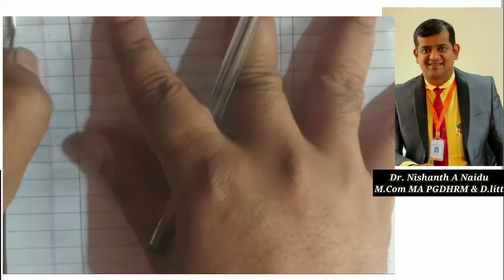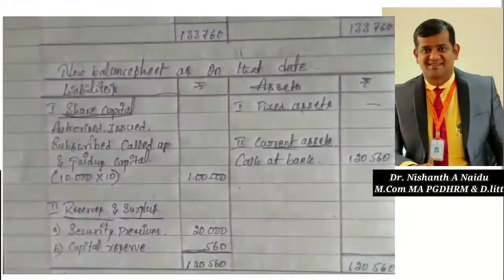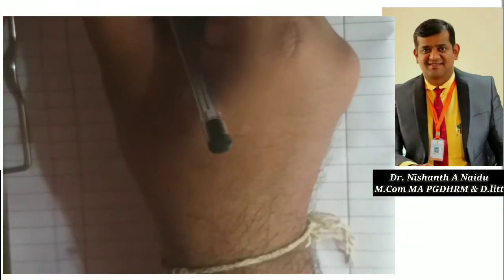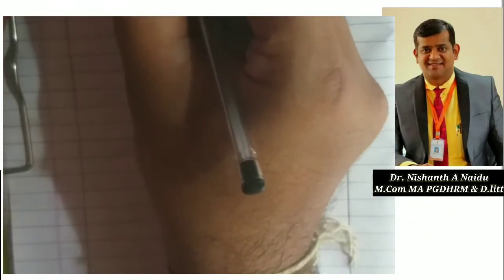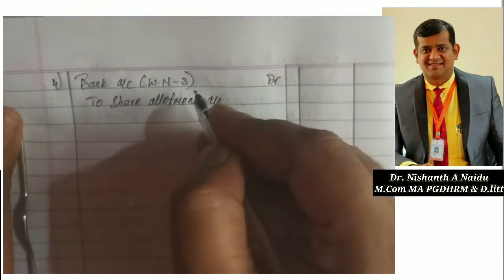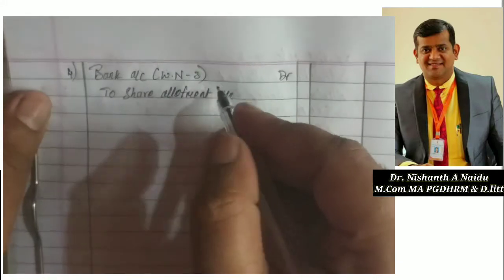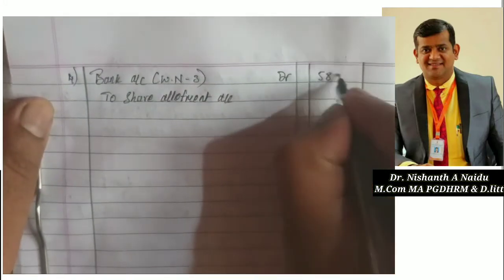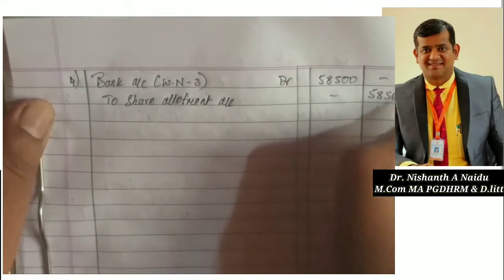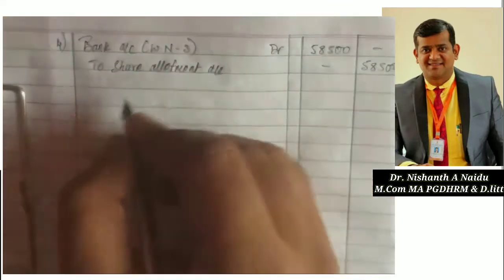Also we have done it. So we'll write the working note number for reference, that is working note number 3. Okay, so working note number 3 reference. So now enter the amount. How much amount? 58,500. Okay, so now write the narration.